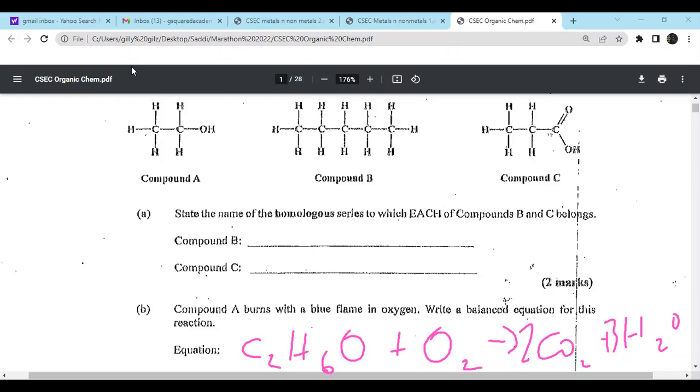And on the left-hand side, you have 2 oxygens there and you have 1 there. But if I multiply this by 3, that becomes 6 plus the 1, 7. So that's our balanced equation. That's how you balance these organic combustion reaction equations. Simply balance the carbon and the hydrogen first, then you balance the oxygen last. All right, so that's that.